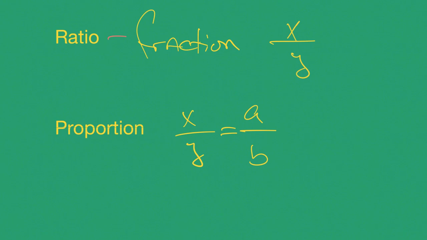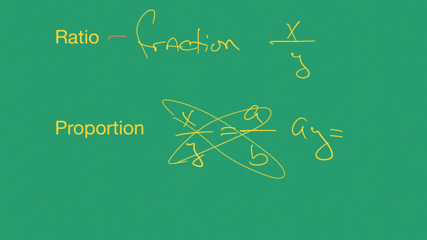If you want to take a proportion and see if it actually is proportional, we're going to cross multiply. So right here, if I take A times Y, that would be AY equals, and we're going to cross multiply back the other way. X times B would be XB.